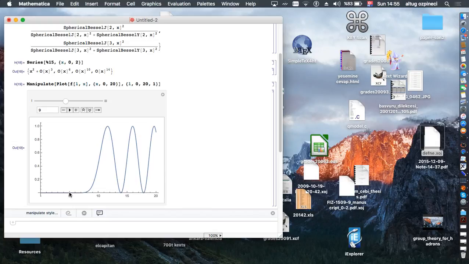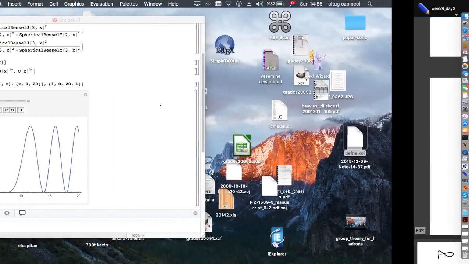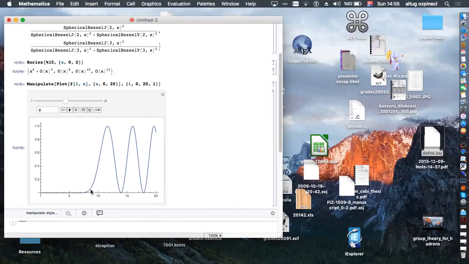But then this tells us that as L is increasing, after a value of L for a given x, there is no contribution. There is a contribution to the cross-section only up to some L max. Is it exactly 0? Well, there is a tail. It's negligible.